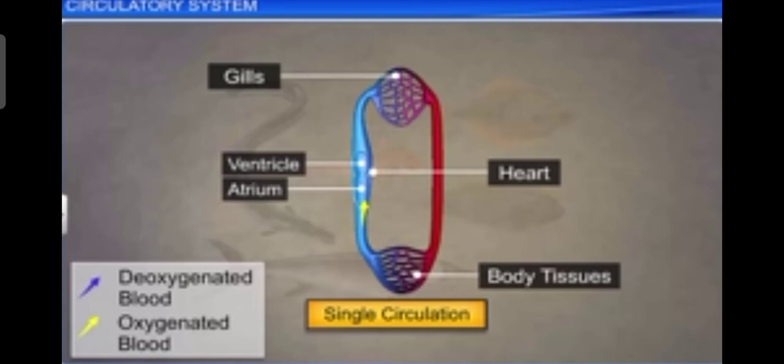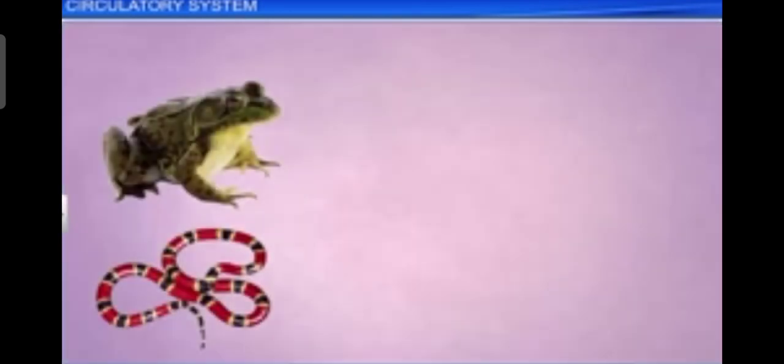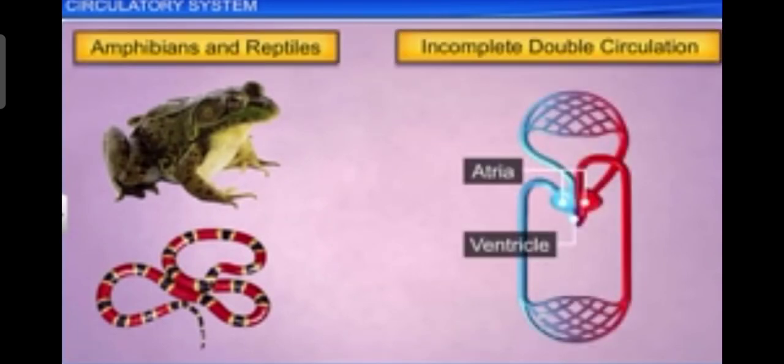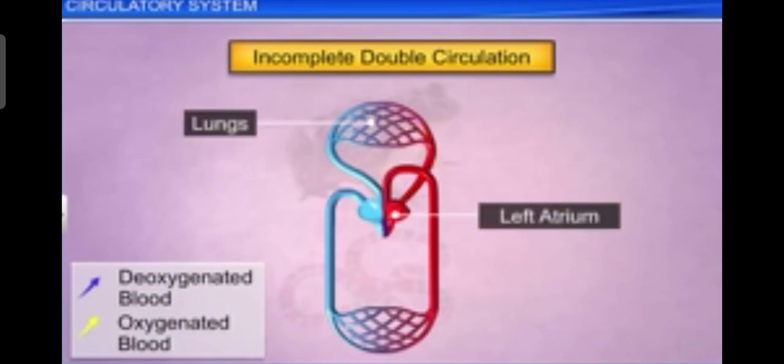In amphibians and reptiles, the left atrium receives oxygenated blood from the gills, lungs or skin, and the right atrium gets the deoxygenated blood from other body parts.